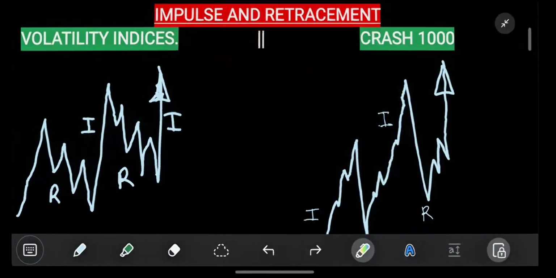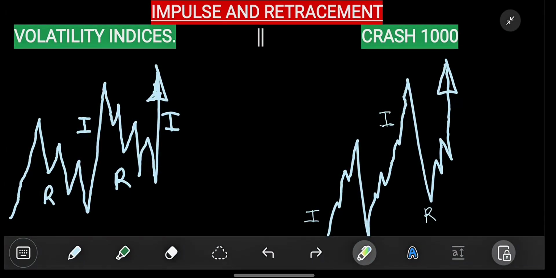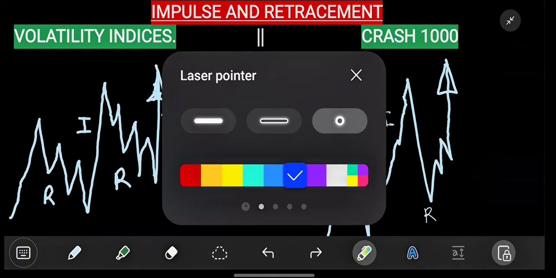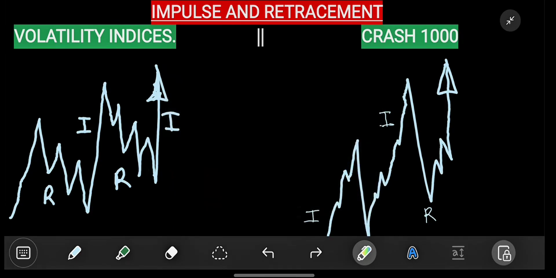Here's an example or an illustration of the difference between the impulsive move and the retracement moves in Crush 1000 and most volatility indices and currencies. So you'll find that mostly what happens when it comes to the volatility indices is that we'd have an impulsive move going to the upside like that, okay, this here.